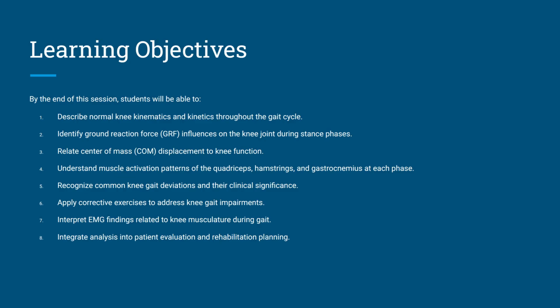And I want you thinking clinically, not just memorizing angles. First, you need to describe normal knee kinematics and kinetics across the gait cycle. Not just what angle the knee is in, but why it's there and what forces are acting on it.